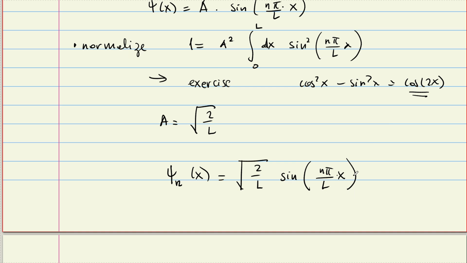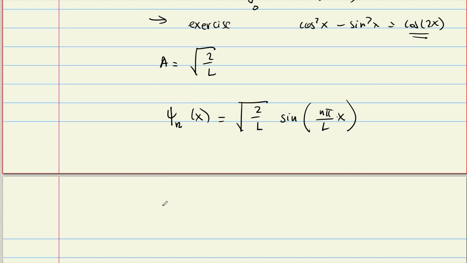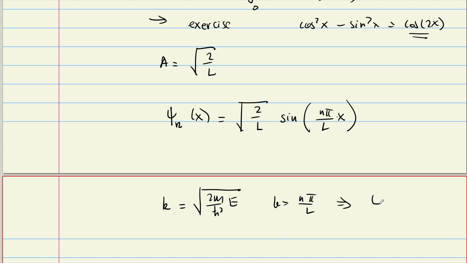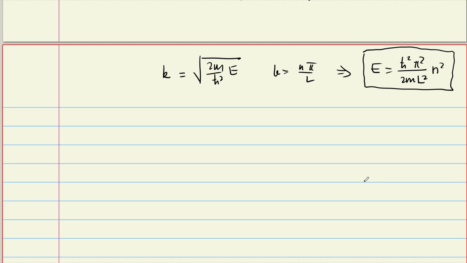And the corresponding energy, like we wrote above, k squared was equal to 2m over h bar squared E. We found k to be n pi over L, this means my E is going to be h bar squared pi squared over 2m L squared times n squared. This is exactly what we were doing with these waves, trying to fit them. At the end, we also found these discrete energy levels.